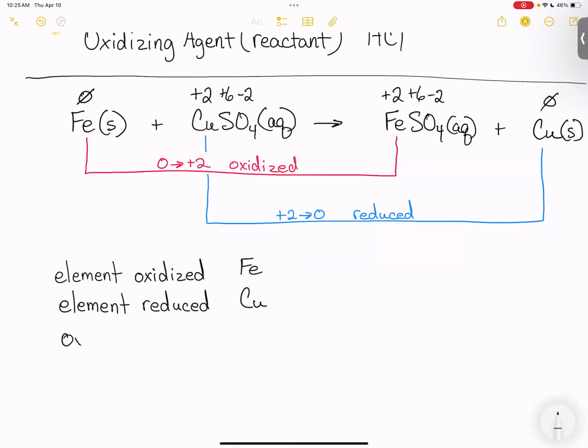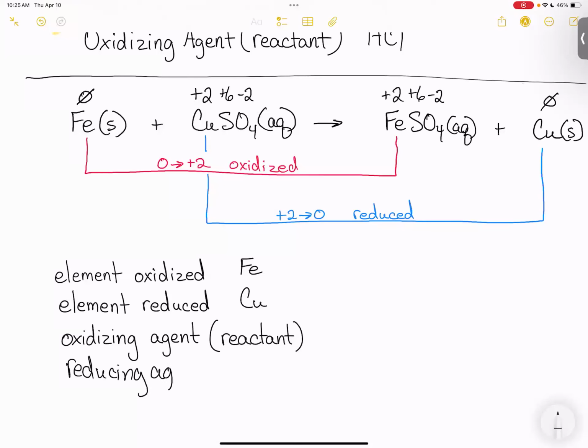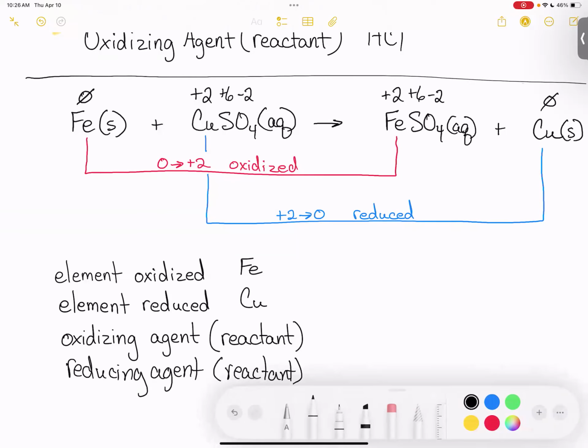Now we can get to the oxidizing agent, or oxidizing reactant.